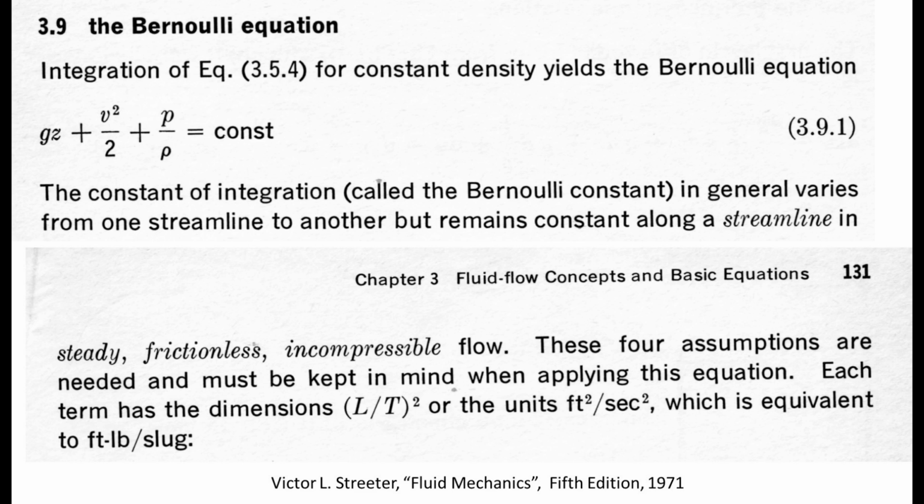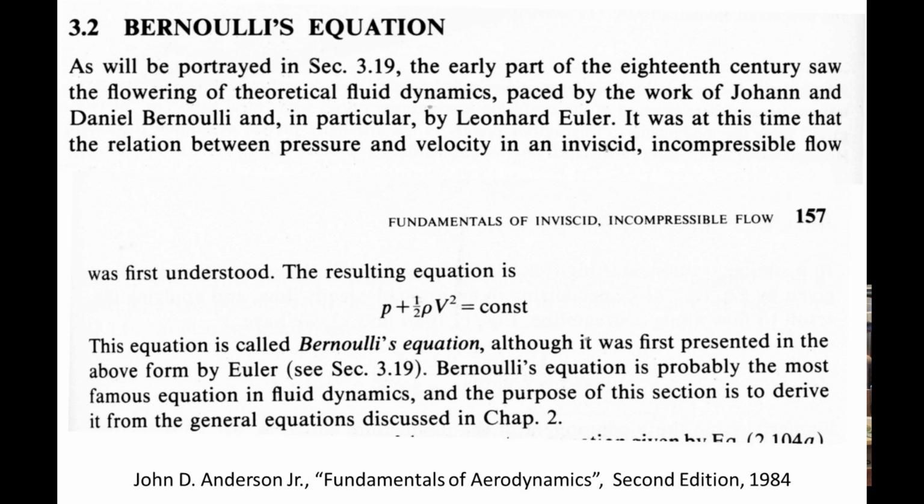This is a broader fluid mechanics text, not just aerodynamics, so he includes the gravitational term. That's almost exactly the same equation I had, the difference being he divided through by the density, rho. Algebraically, they're the same. This is from Anderson's Fundamentals of Aerodynamics, 1984. Again, the same aerodynamic form of Bernoulli's equation.